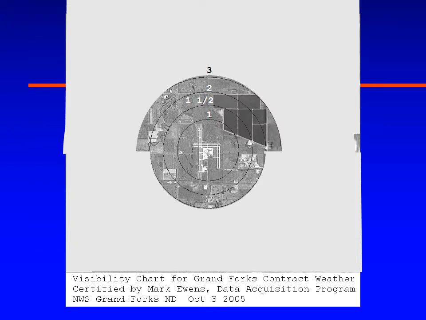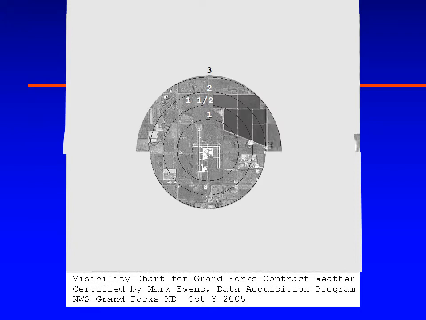The greatest visibility you could see through the northwest, north, and northeast is 3 miles. After the weather observer goes outside and looks around, the greatest distance he or she can see would be 2 miles. Perhaps maybe they could see just a little bit past Highway 2, and they can see the bison farm and things like that.